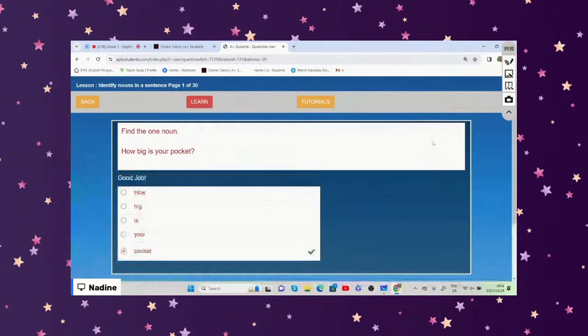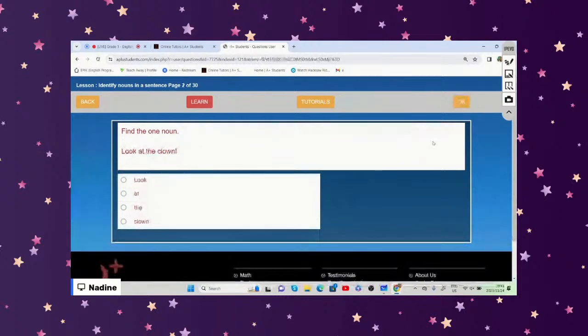So pocket, yes, pocket is our noun. Big, small, that basically describes the pocket. So pocket is our noun.